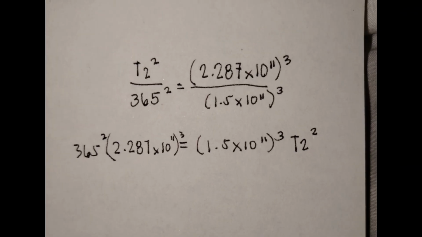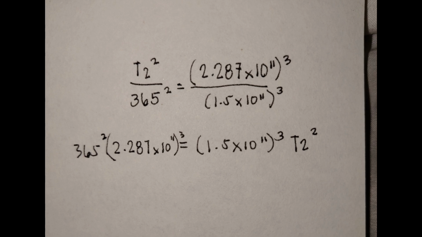So, yung hinahanap sa problem is T2 squared. So, ayan. T2 squared over 365 squared equals 2.287 times 10 to the 11 cubed over 1.5 times 10 to the 11 cubed. So, ang gagawin lang dito is i-cross multiply and then, ibinaba lang siya.